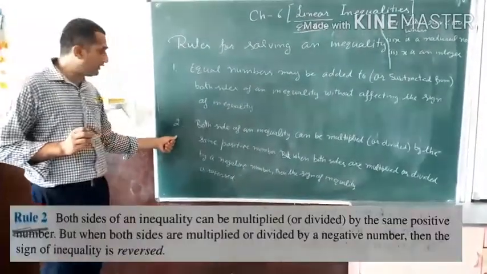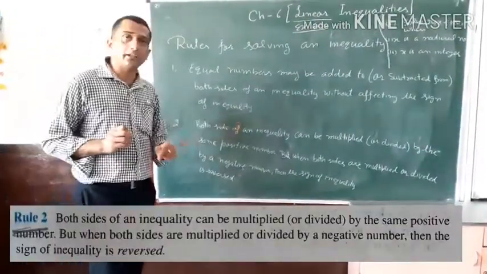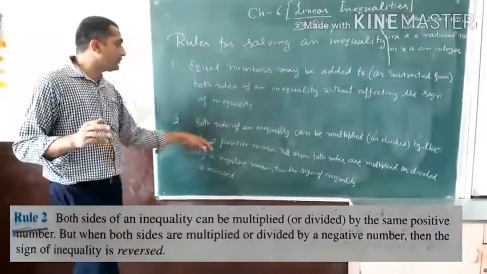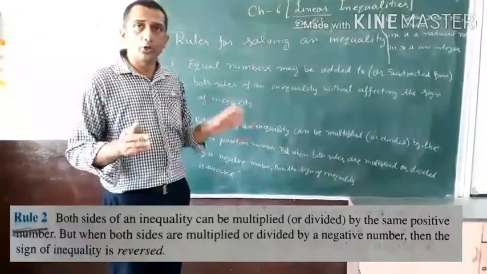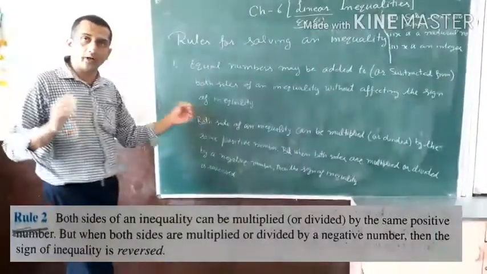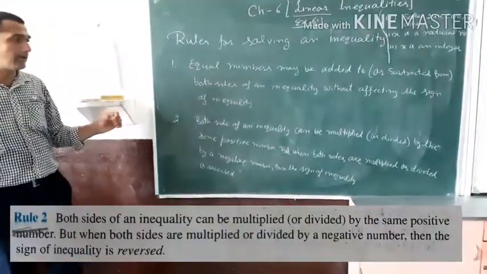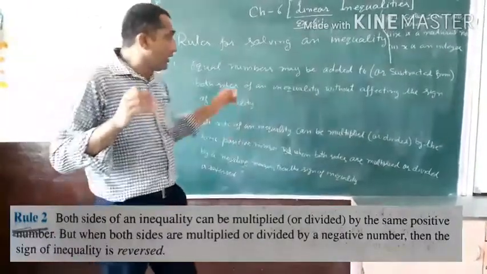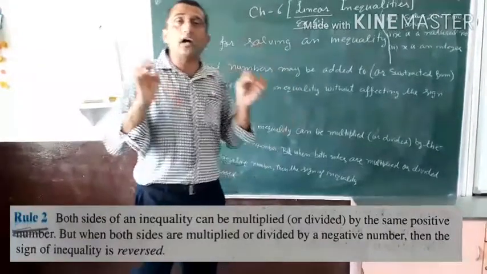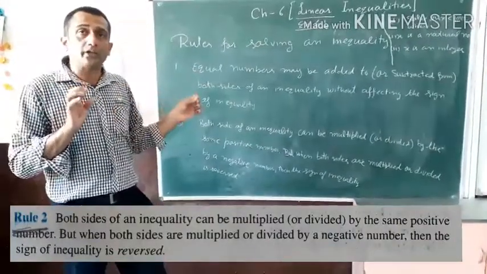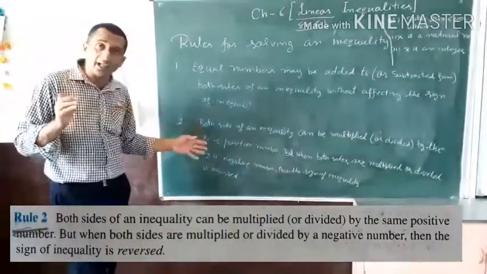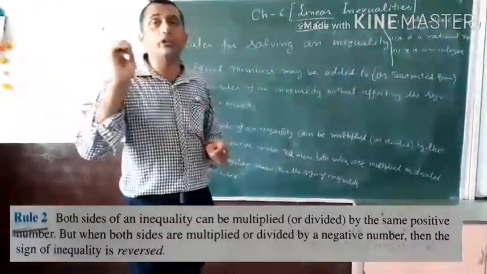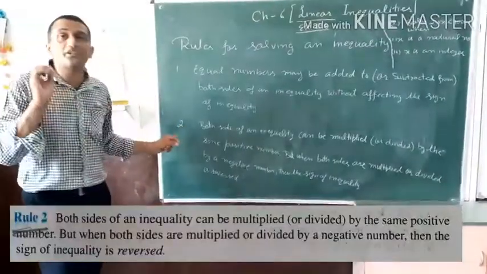The second rule is both sides of an inequality can be multiplied or divided by the same positive number. But when we multiply or divide both sides by a negative number, then keep in mind that the sign of the inequality must be reversed.